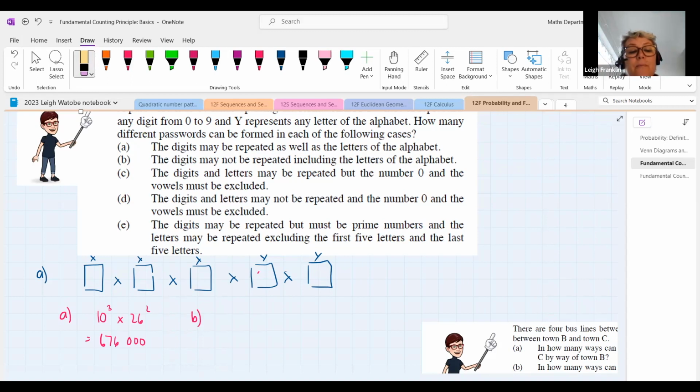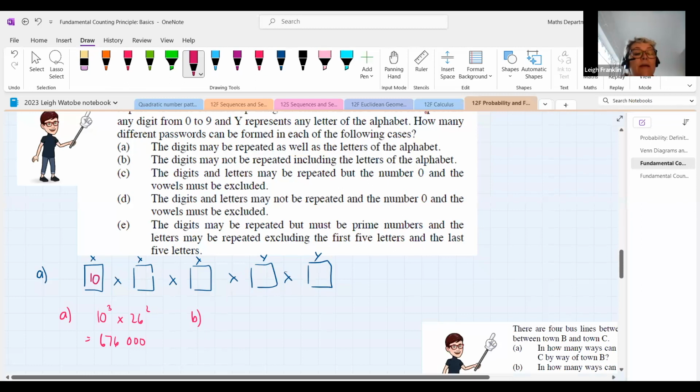Okay, so in how many different ways can we fill the first box? 10. Good, Lesejo. In how many ways can I fill the second box if repetition is not allowed? Good, 9 ways. The third box? 8 ways.